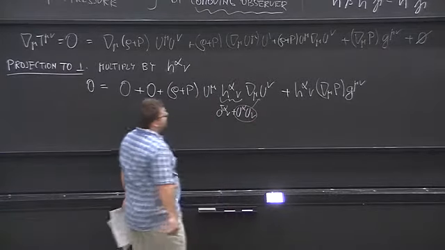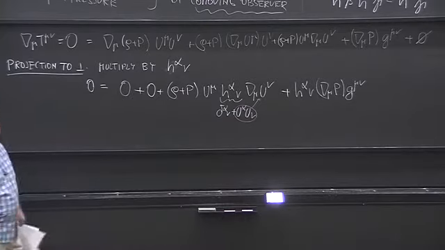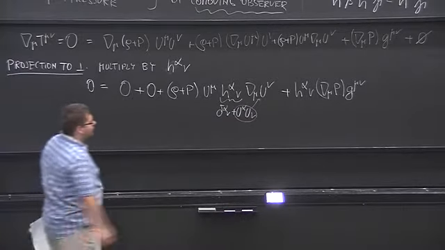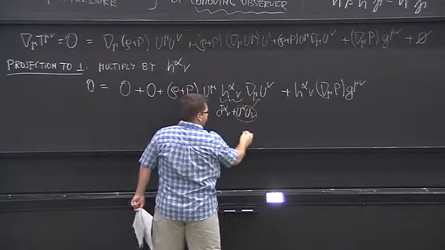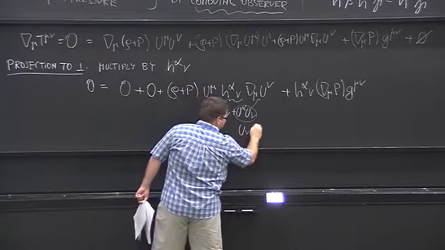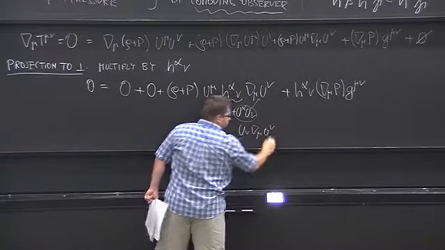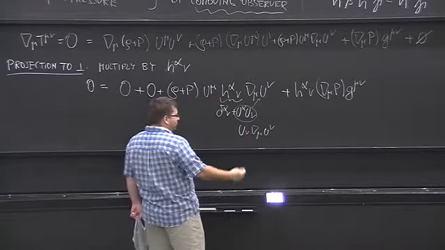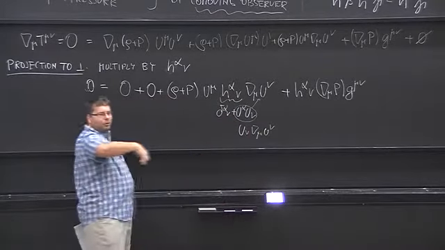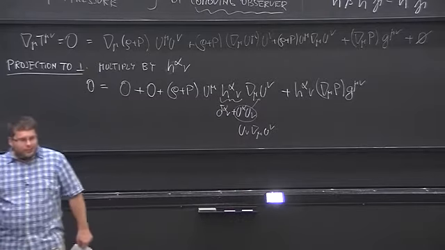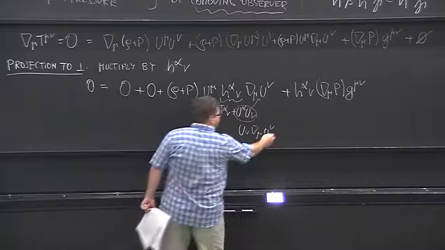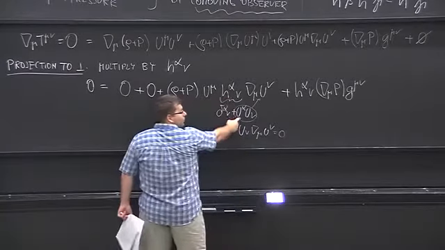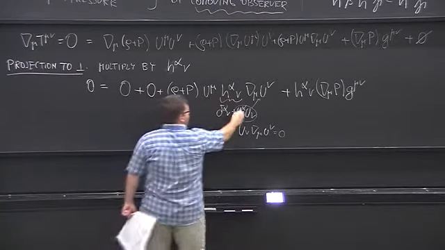You can think about it like that: the acceleration is perpendicular to my four-velocity. But all it is is u nu nabla mu u nu, which is something like 1/2 of nabla mu of u squared. But u squared is -1, so if I differentiate that, I get 0. So this term doesn't contribute, and that term is gone.